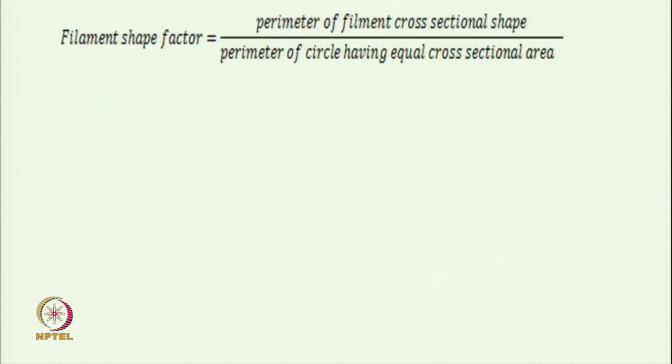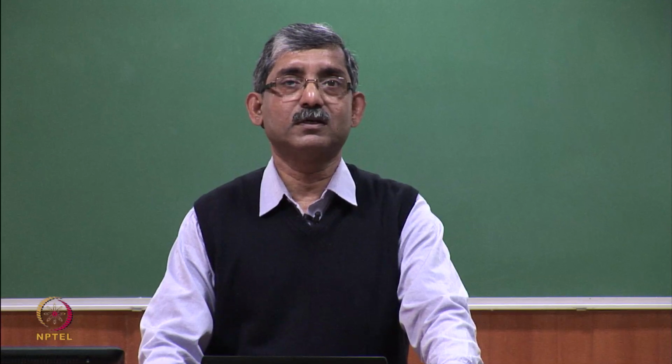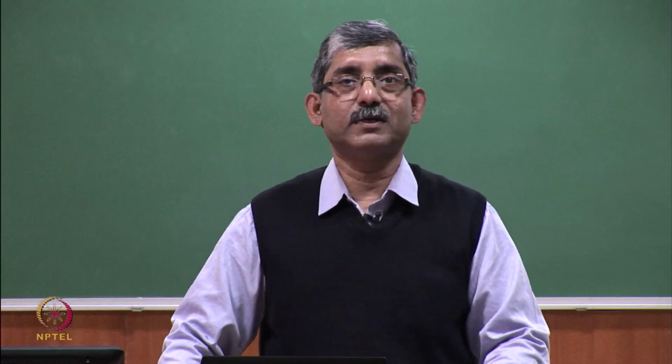If you see the fiber shape factor, as we have mentioned, increased shape factor will enhance the wickability. Fiber shape factor is defined by the perimeter of the filament cross section in its present cross sectional shape and the perimeter of a circle having equal cross sectional area. If we take the ratio of the perimeter of filament and perimeter of circle, that is actually the filament shape factor.